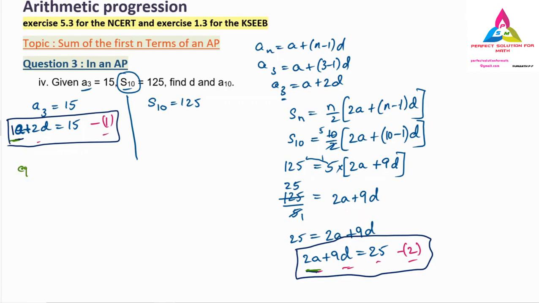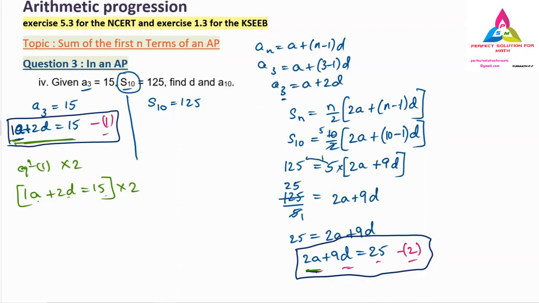So equation 1 into 2, we are multiplying the whole equation by 2. I will write the equation down once again: 1a plus 2d is equal to 15. We multiply by 2 on both sides, here and on the 15 side also.